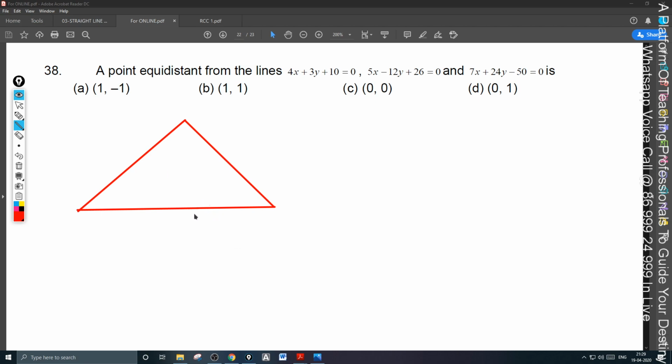Now a point which is equidistant from all the three sides is nothing but the circumcenter, please remember. SA is equal to SB is equal to SC.